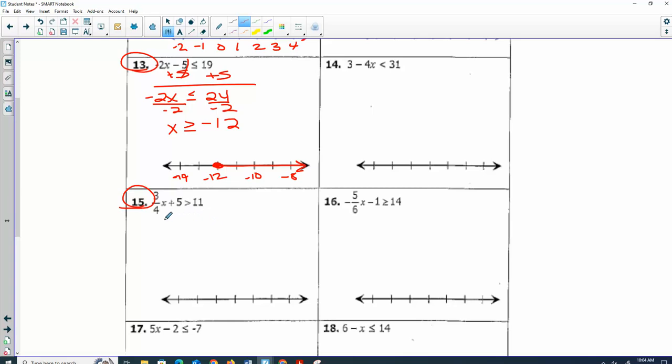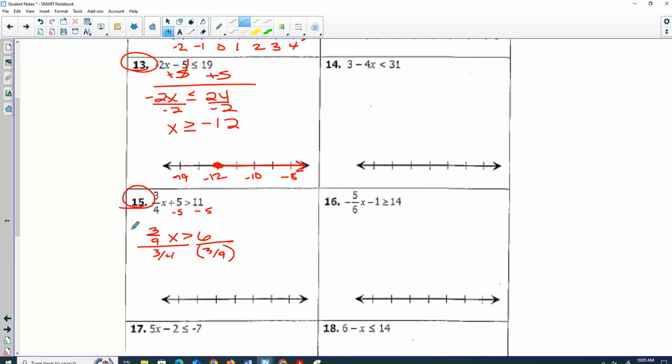Okay, problem 15. If I subtract my 5, we have 3/4 x is greater than 6. How do you get rid of that 3/4? You can do it as a decimal. Can you divide by 3/4? You can. It's maybe not the easiest option. You have to remember, if you're doing it on the calculator, put the 3/4 in parentheses, or it will give you the wrong answer.